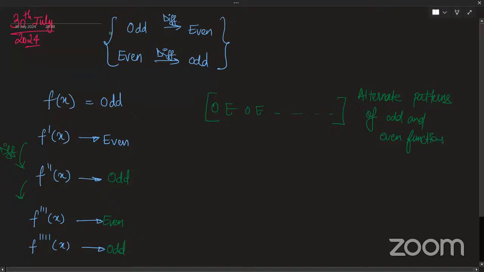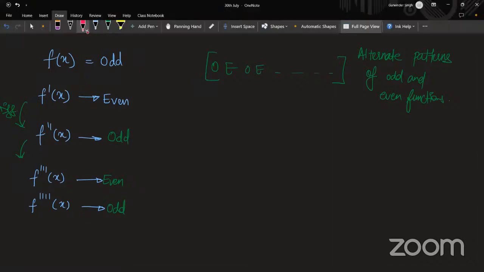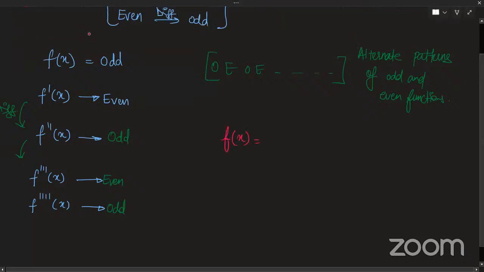Fine. So for example, for your reference, I take a function f of x that is equal to ln of x plus under root of 1 plus x squared. This is my f of x.